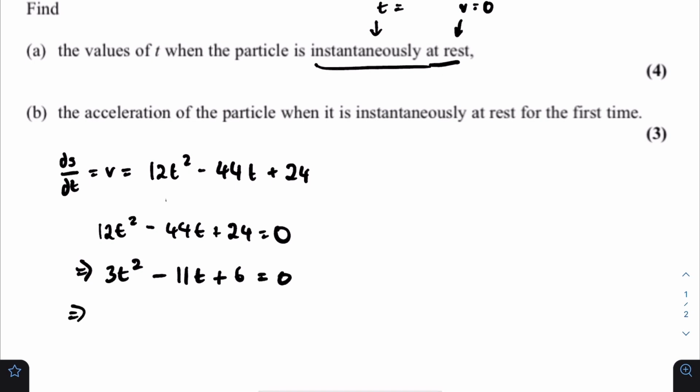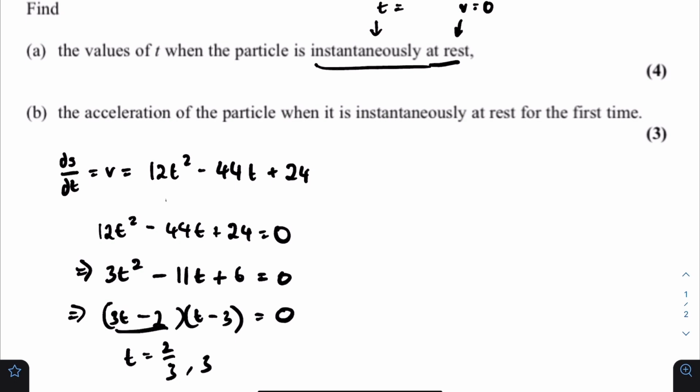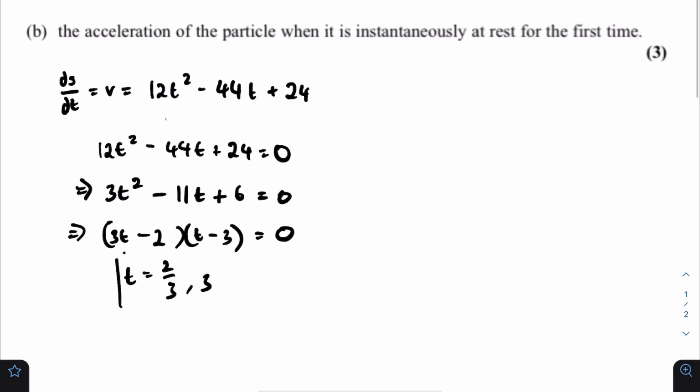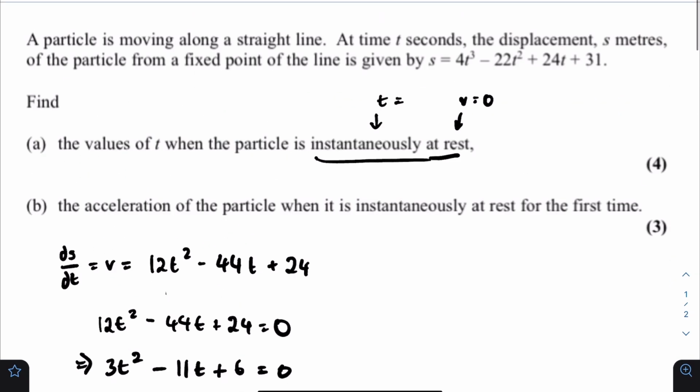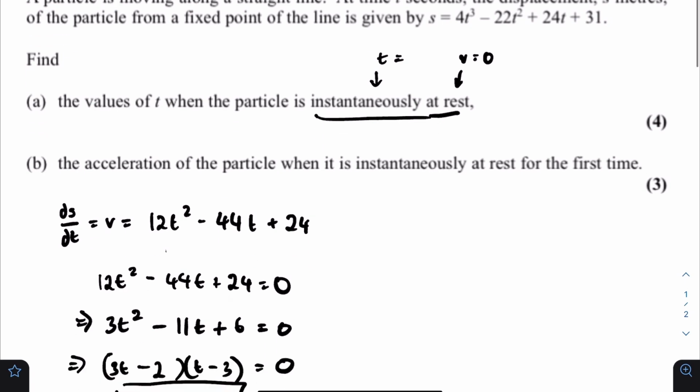When you factor this, we know that 3t is on one side, t is the other. By inspection, we can see it's minus 3 here and minus 2. Yep, they add up to 11. So t equals 2 over 3 or 3. Over here we have the 2 over 3 root, here we have the root 3. So the answers are: the time is 2 over 3 and 3 seconds.